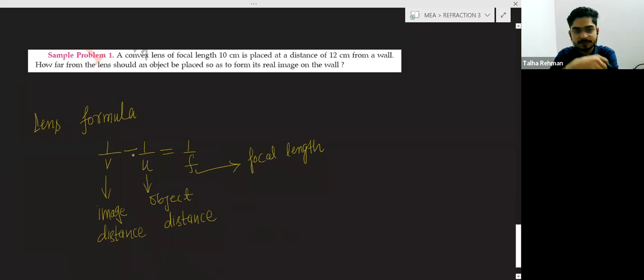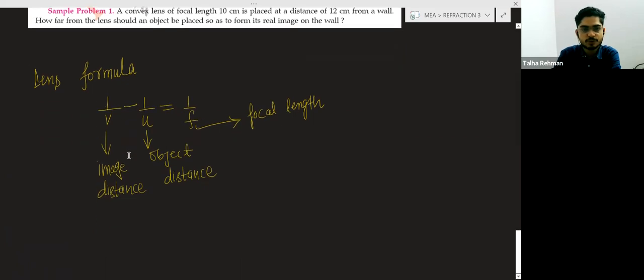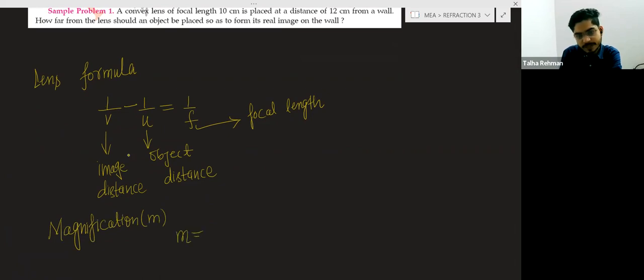You should know this formula and the magnification formula. Magnification is represented by small m. It is given by the height of the image divided by the height of the object, and also the image distance divided by the object distance. So you should know this.